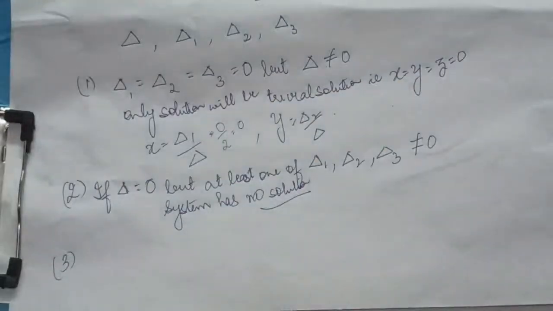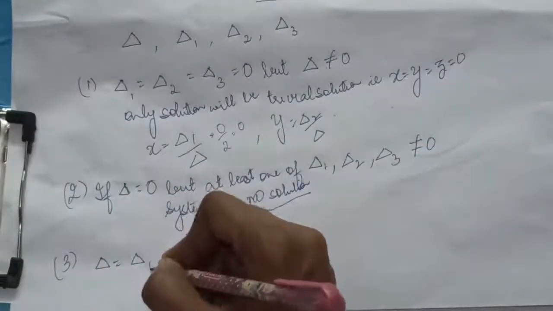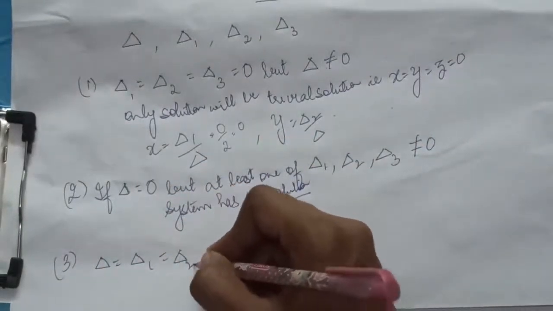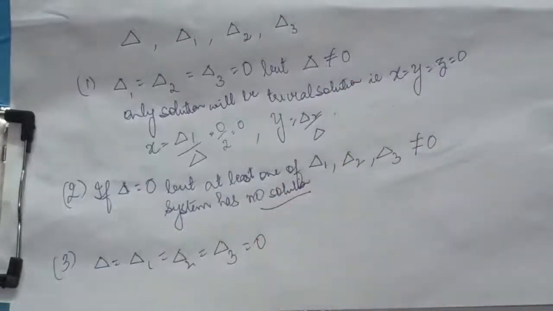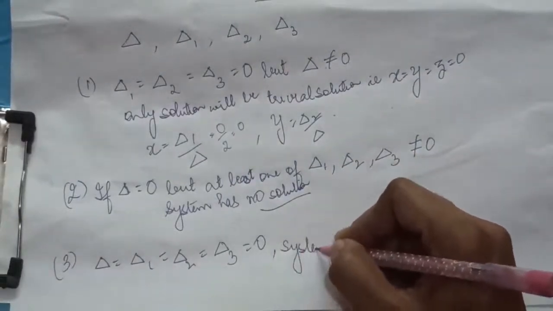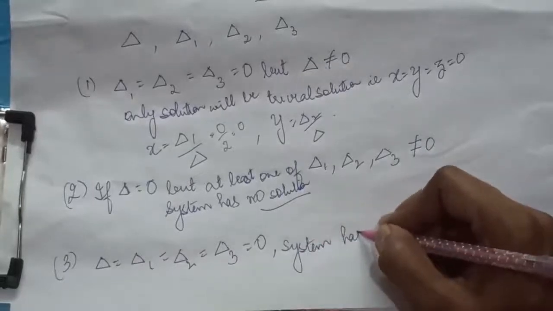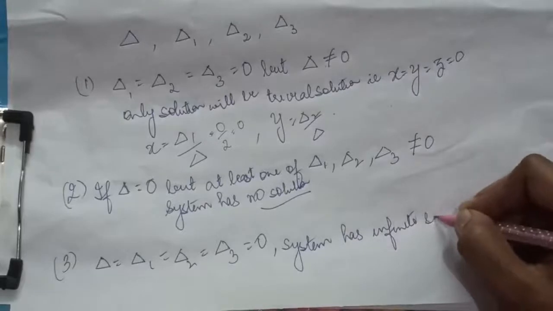The third point says if delta is equal to delta 1 is equal to delta 2 is equal to delta 3, all come out to be 0. In such a case, we will write that the system, or set of equations, has infinite solutions.